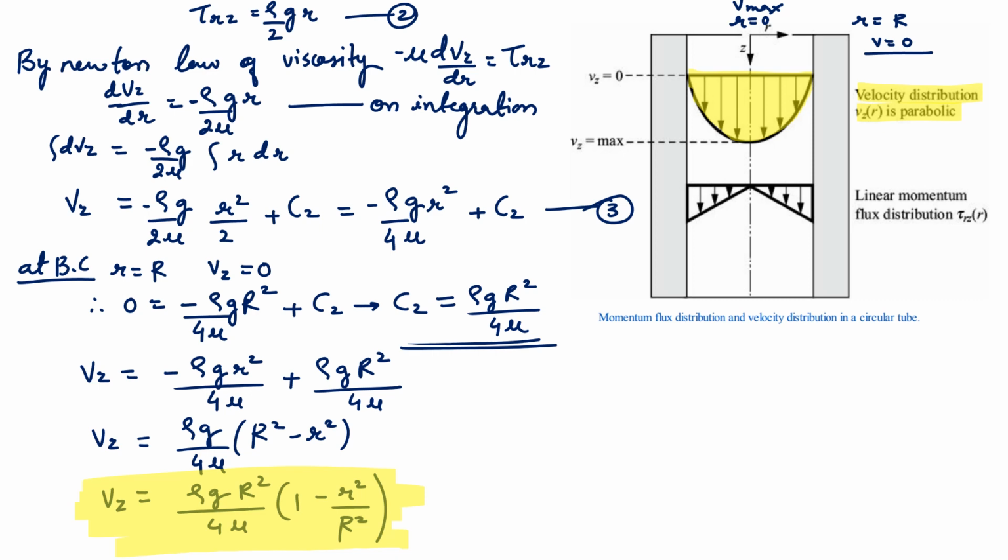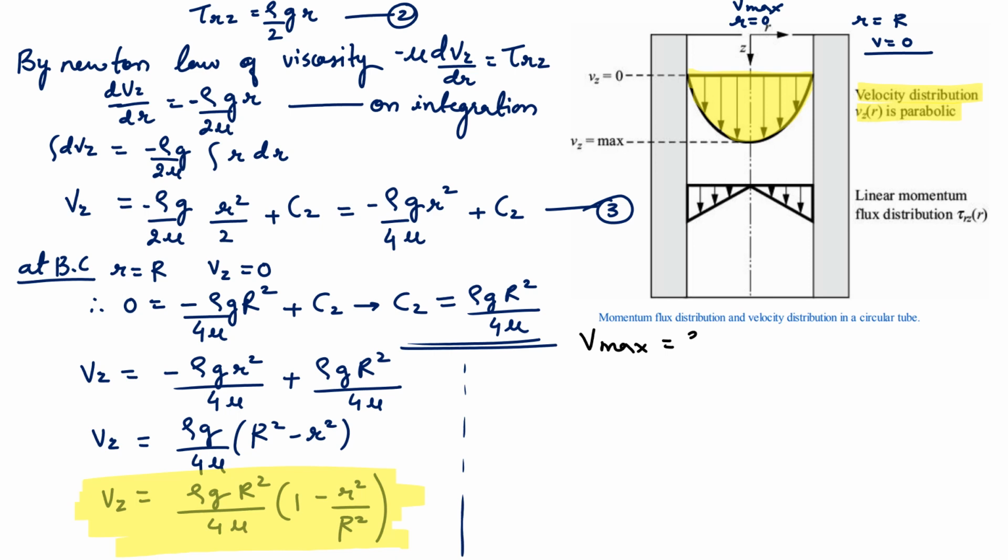Now if I want to find the maximum velocity for this, I put small r equals 0.